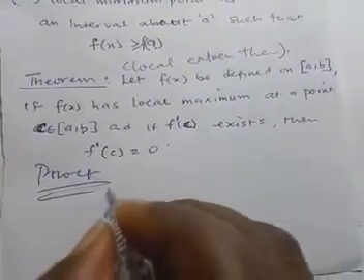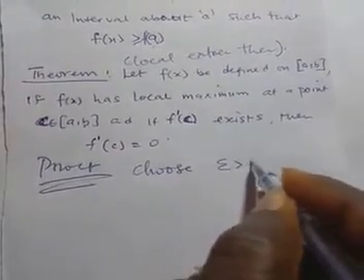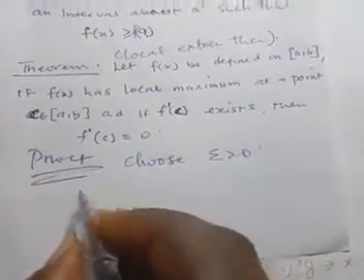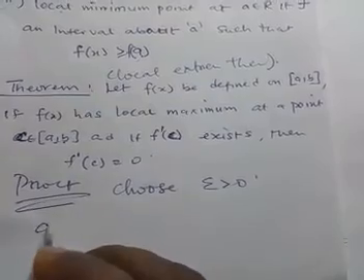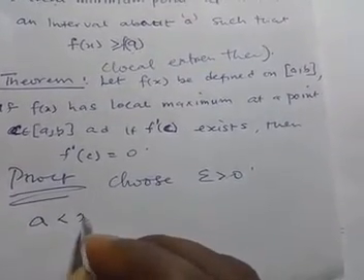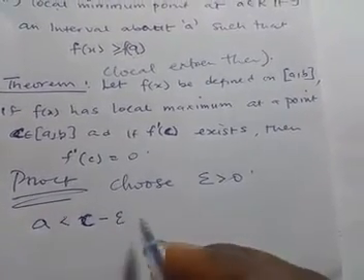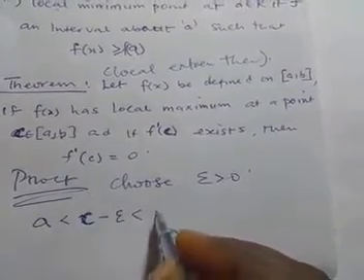Now if we choose epsilon to be a small number greater than 0, then we have the following inequality in this interval a b. So we must have that a will be less than c minus epsilon. So this will be less than c.